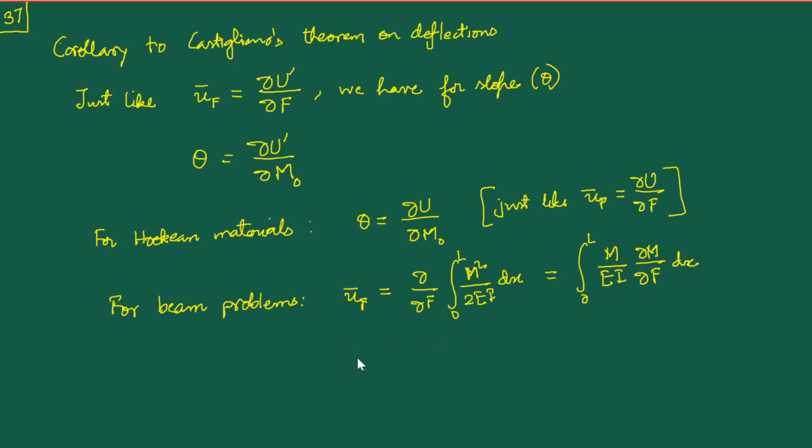So just like that, we will have for the slope the expression. The strain energy, as it is dependent on the bending or the flexure, this entire thing is the strain energy, that doesn't change. It is only with respect to what we are differentiating that changes when we have to find out the slope. So just like before, what we'll have is this formula.